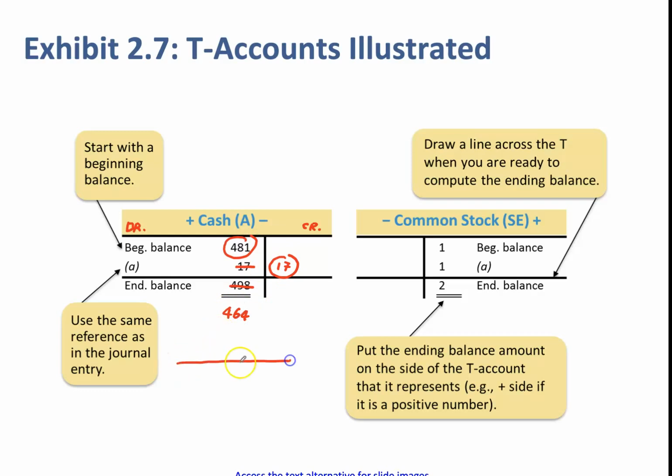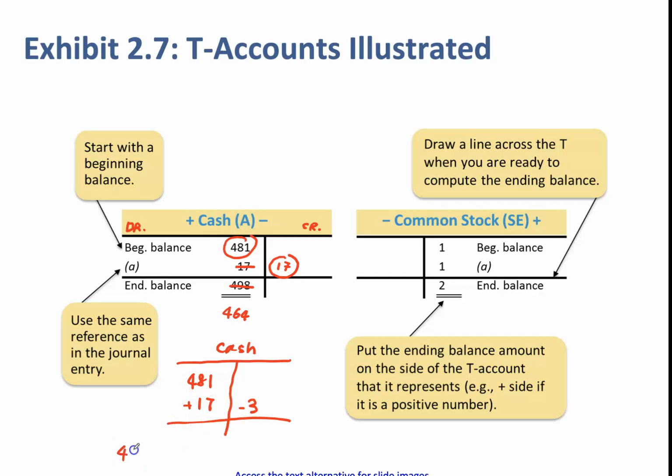Now, let's say we have 481 on the debit side for cash and an increase of 17 in the same period, and we decrease the cash by 3. What is the ending balance? If this is our cash account, you would want to have 481, adding 17, because 17 is on the same side, and then subtracting 3.